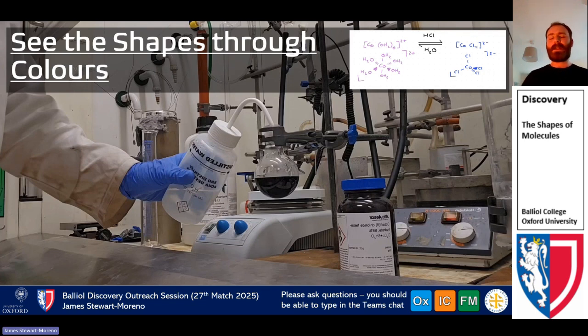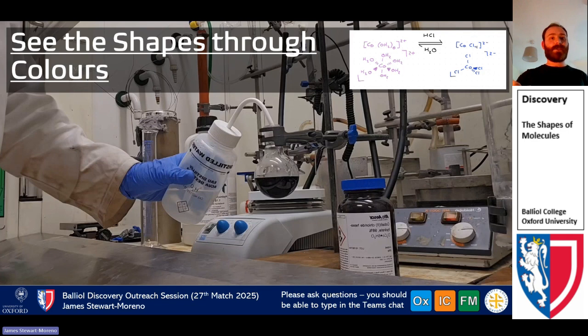I think I put in a little bit more water in order to get it fully back. The idea is that by altering the concentration of the chloride ions, you can change what is directly bonding onto your cobalt center. That changes the geometry around it. That changes the shape, the color. So as you can see here, we got back to our very nice pink.